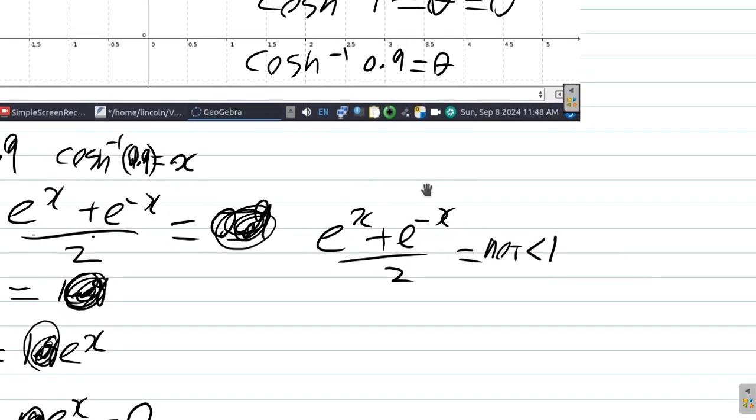Now, this is the cosh of x. Cosh of x must not be less than 1.